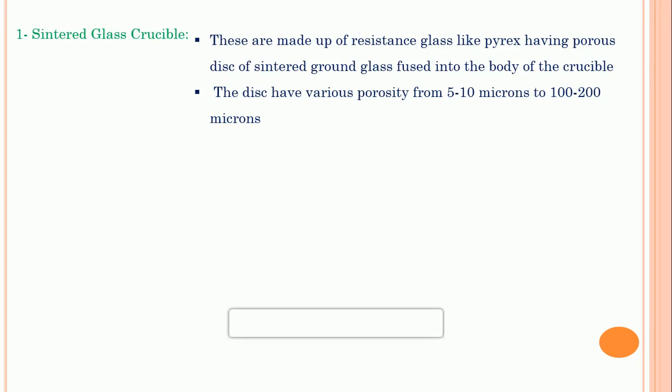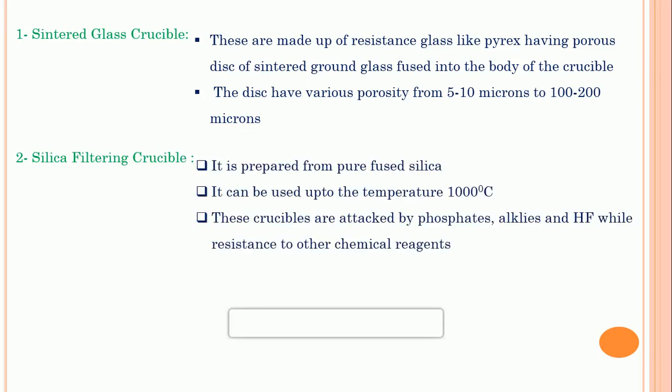Now see the second crucible, that is known as silica filtering crucible. It is prepared from pure fused silica. The silica is fused and forms a crucible, and the name is silica filtering crucible.